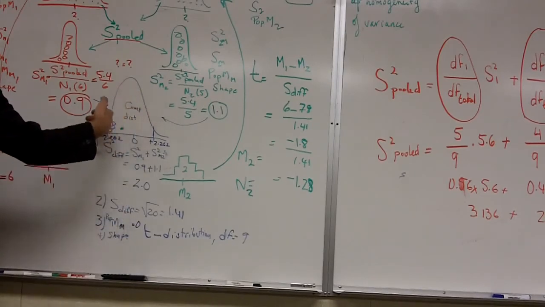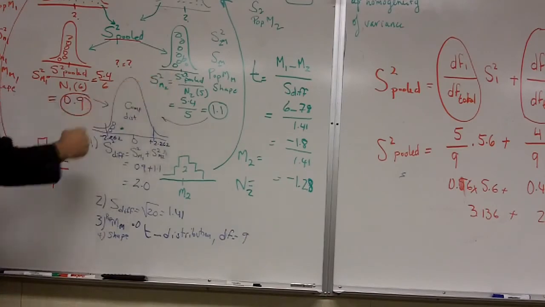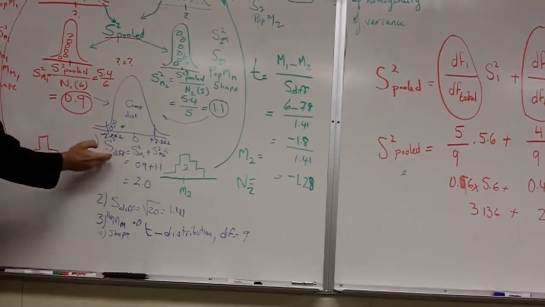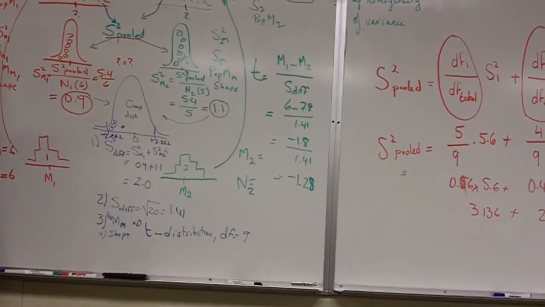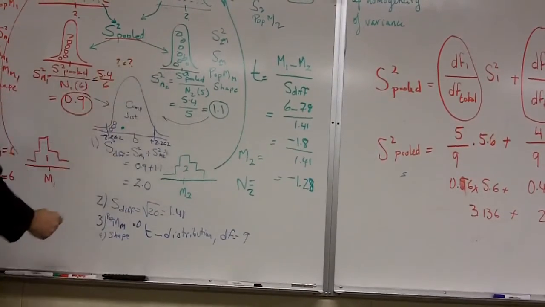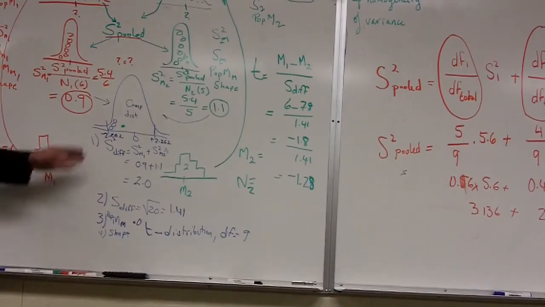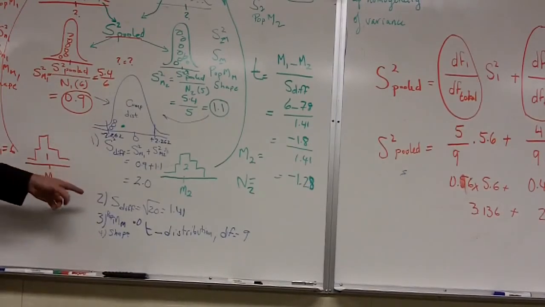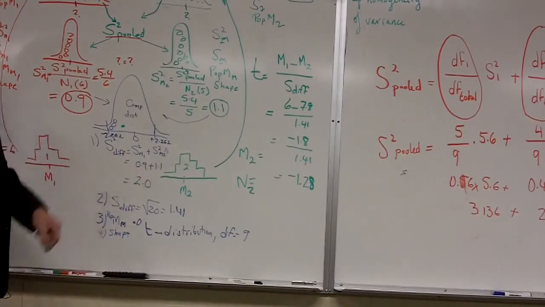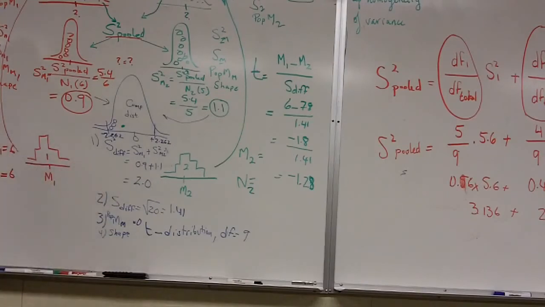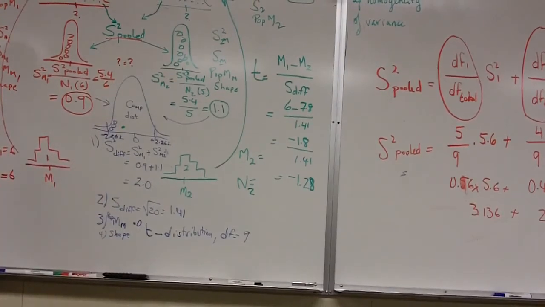The shape is the t-distribution with the total degrees of freedom, and the variance is made out of the sum of the two variances. Then you do what you've always done: you find your cutoff points, subtract the means of the two groups, and divide by the standard deviation of the comparison distribution.